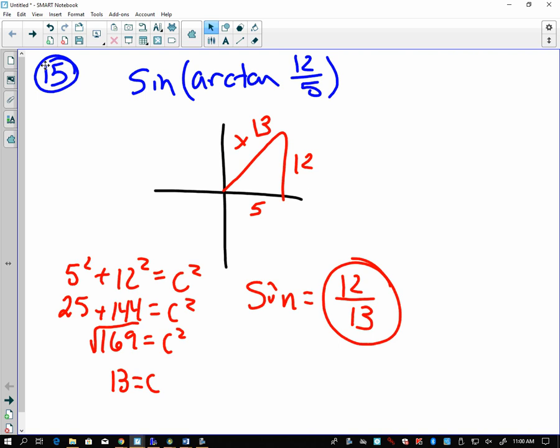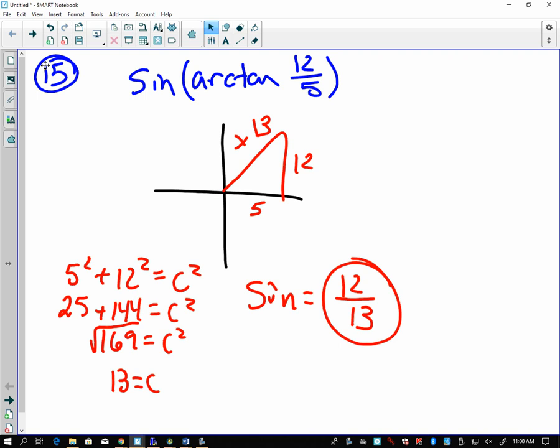Well, I mean, you're thinking like inverse tan? Yeah, ignore the inverse tan of that. Now, if this was saying, what is arctan 12 over 5, at that point, what I would need to do is inverse tan 12 over 5 to get the degree. But if I have a trig function times an arc function, okay, ratio, I'm not looking for the degree of it, I'm just looking for the ratio of it.